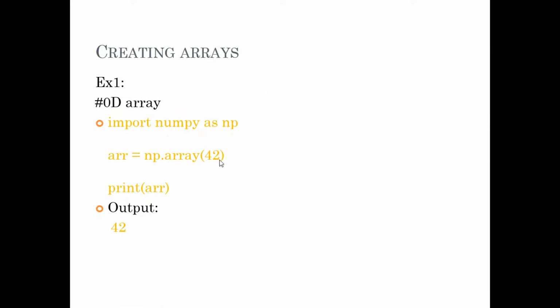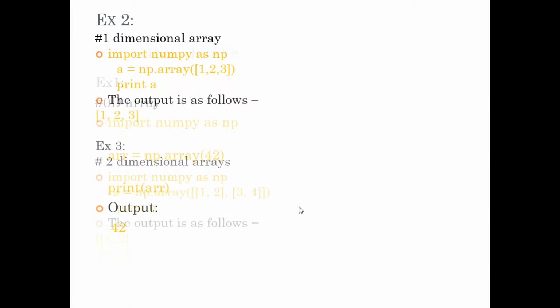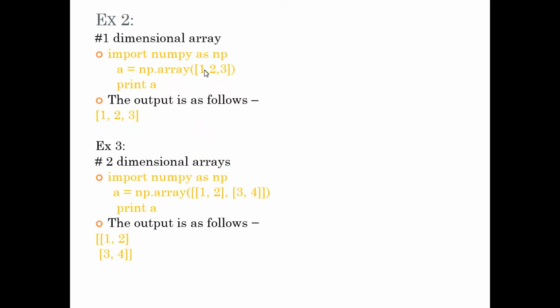Just one element, no square brackets. When I print it, only my number is printed. That's the zero dimensional array. When you add one square bracket, we make it one dimensional.